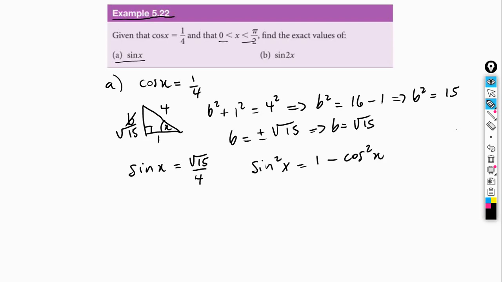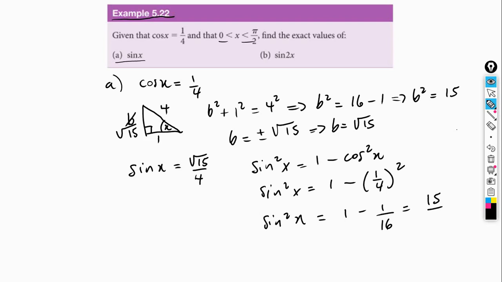So if we substitute, sine squared of x is equal to 1 minus 1/4 squared, and then sine squared of x is equal to 1 minus 1 over 16, and this is equal to 15 over 16. Square root both sides, and we know that sine of x is equal to the square root of 15 over 4. And the solution is positive because we're dealing with the first quadrant.